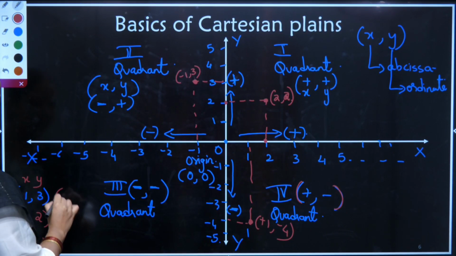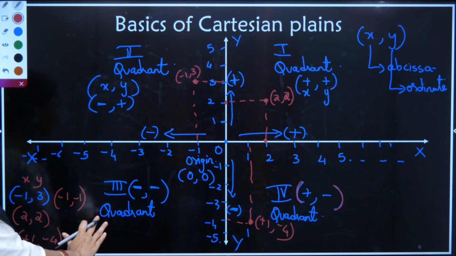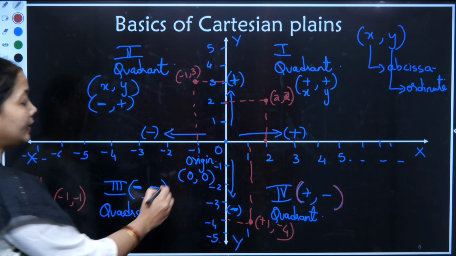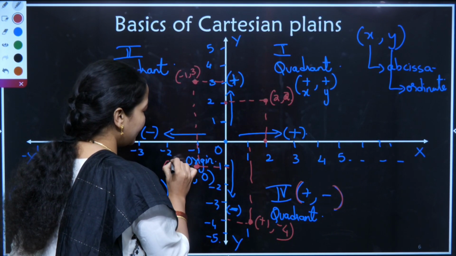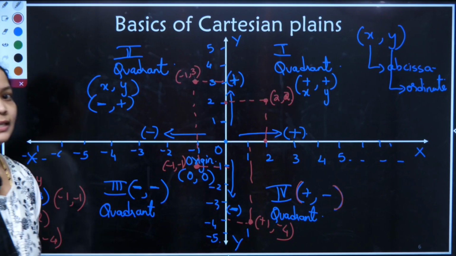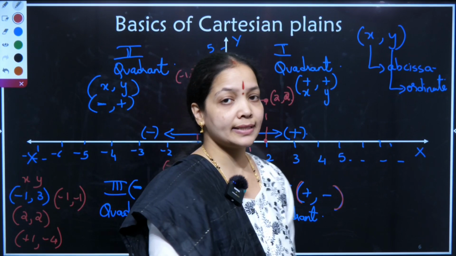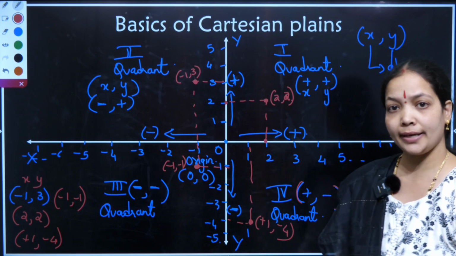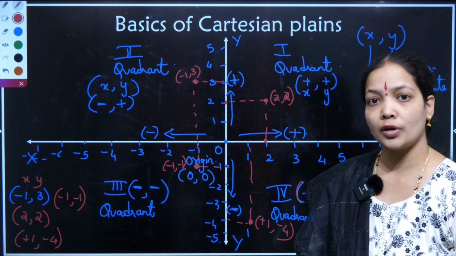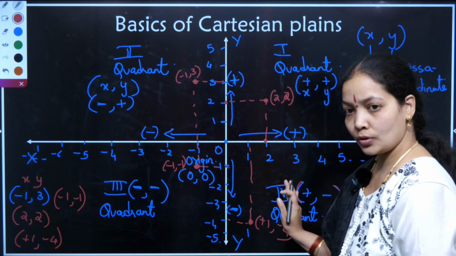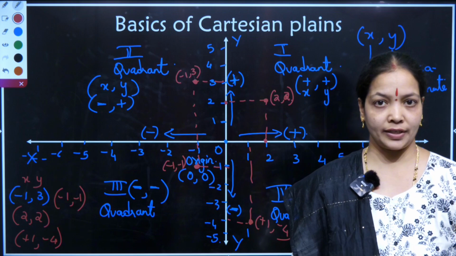Another point, if we take negative 1, negative 1, both negatives are lying in the third quadrant, and hence here I have to mark negative 1. So this is the Cartesian plane in which the x and y axes are placed perpendicular to each other, and they divide the plane into 4 quadrants. 1, 2, 3, 4 are the quadrant names, and we can easily analyze the sign convention of it.